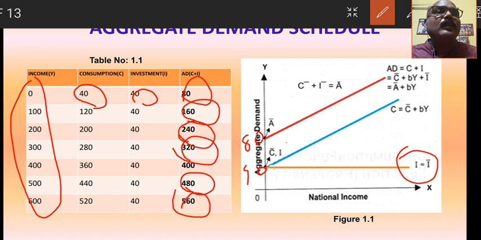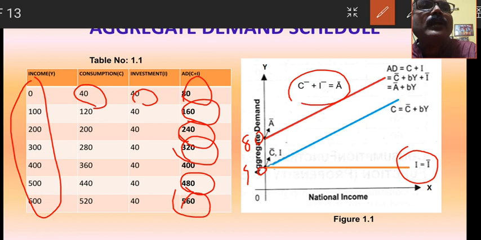Now aggregate demand according to Keynes, you know that is C plus I. So in place of C, I can put the equation C bar plus By, plus in place of I can write I bar, because I is constant. So there are two constants, one is C bar and one is I bar. So C bar plus I bar, that becomes A bar.